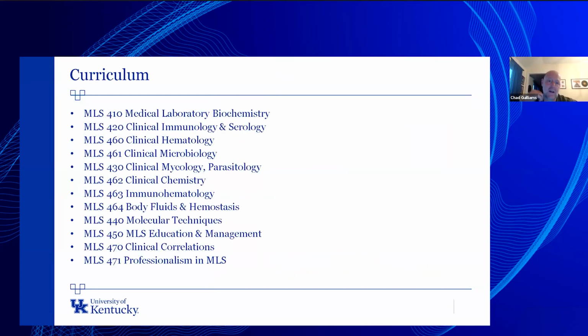And the other nice thing about our program is we give you all the material. I don't recommend you buy any books for the program. There's one book, and I'll tell you on the next slide what that book is I recommend. But it's microheme, and you have all used the same books that you used at the MLT level. If you still have those, just keep those. Mahon for micro and McKenzie for hematology.